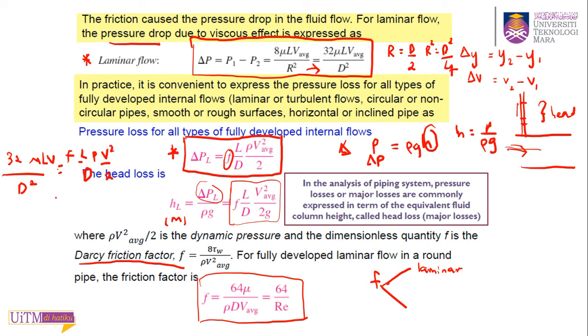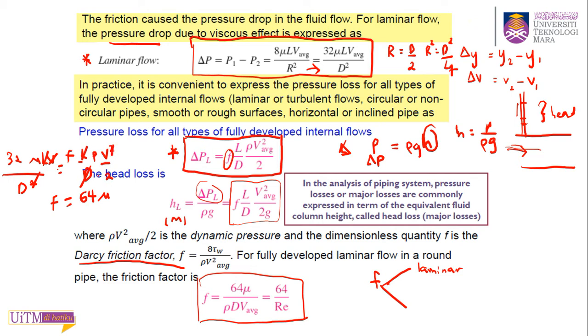So to get F, you take out the F. L can cancel, one D can cancel, and the 2 you bring up to this position, so that's why you get 64. And you have mu. V also can cancel, V with one V.